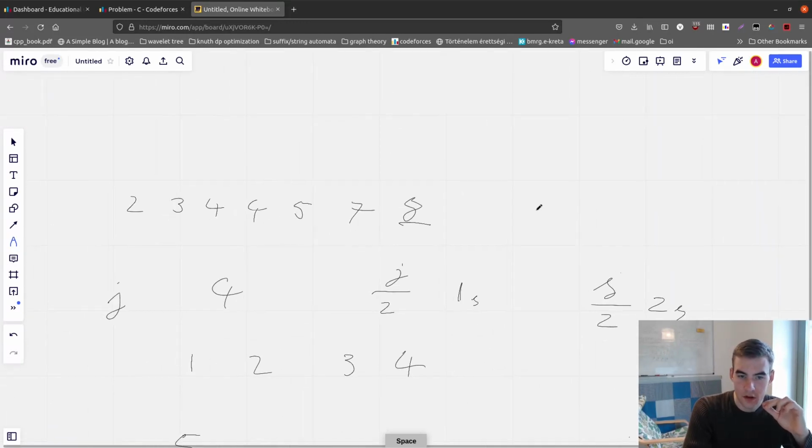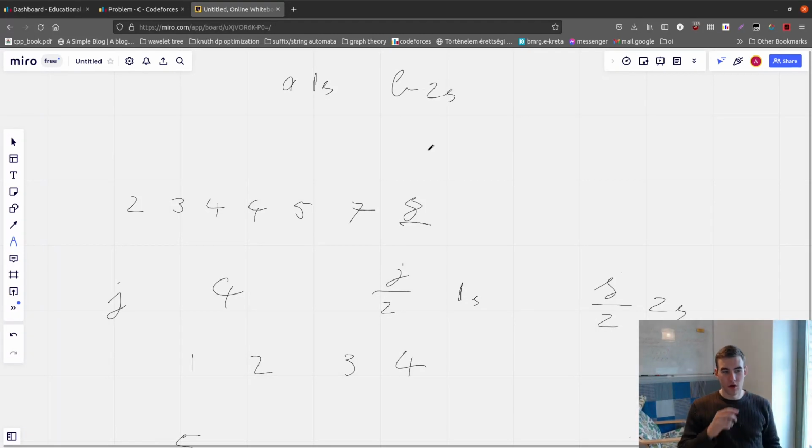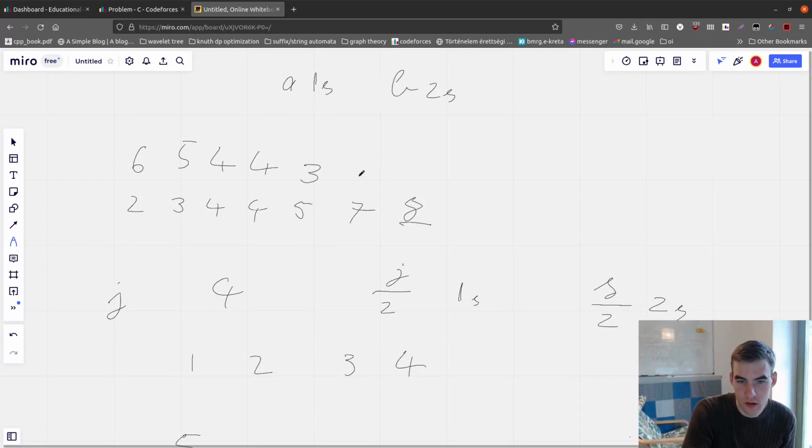Okay, next part of the problem. Can we solve it if I have a 1's and b 2's? And I have an array of differences, so it's like 6, 5, 4, 4, 3, 1.